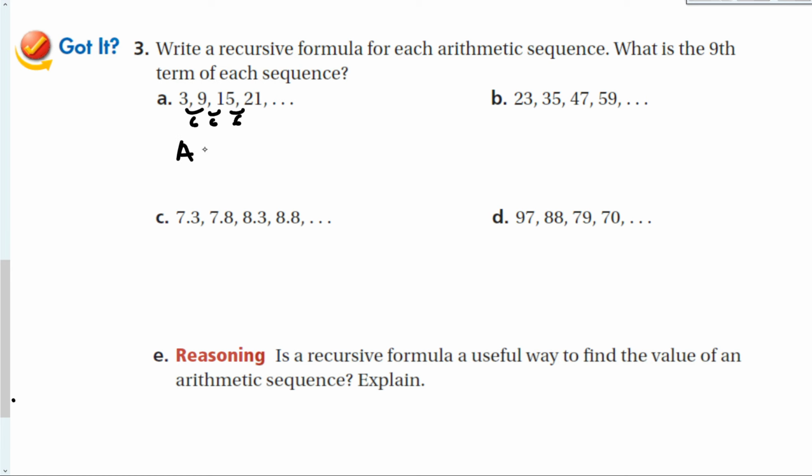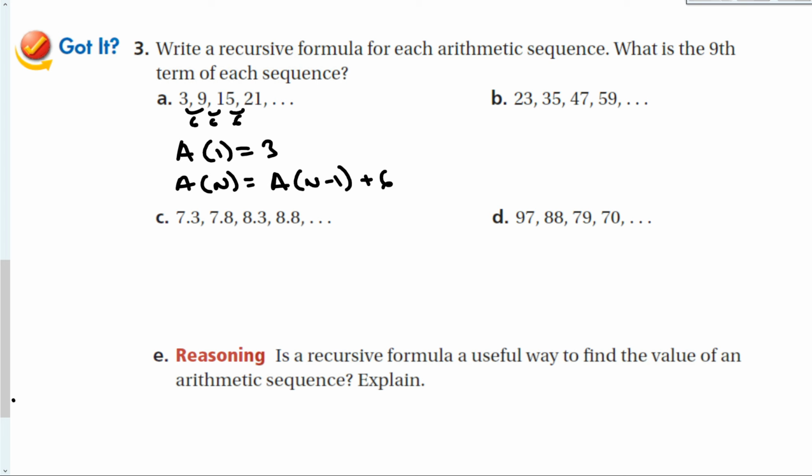So a of 1 is equal to 3, and a of n is going to be equal to a of n minus 1 plus 6.